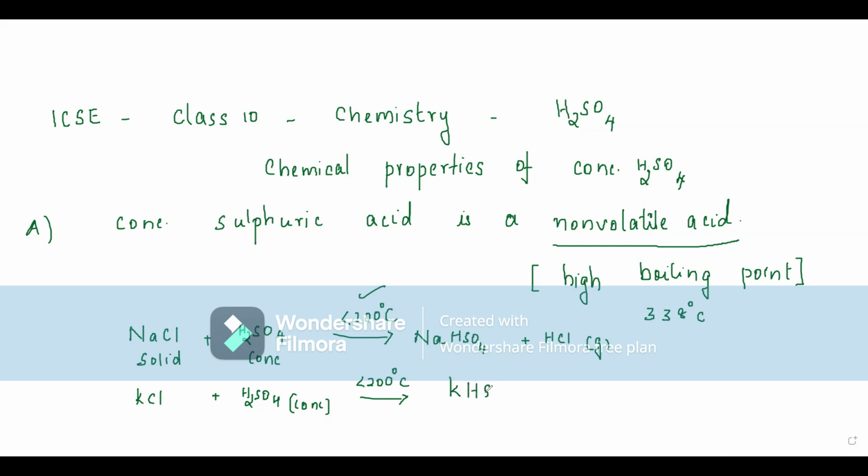You will get potassium bisulfate and HCl. The first equation is the most important one. The second equation is an alternate way of preparing HCl. We still prefer NaCl because it is cheap and easily available.